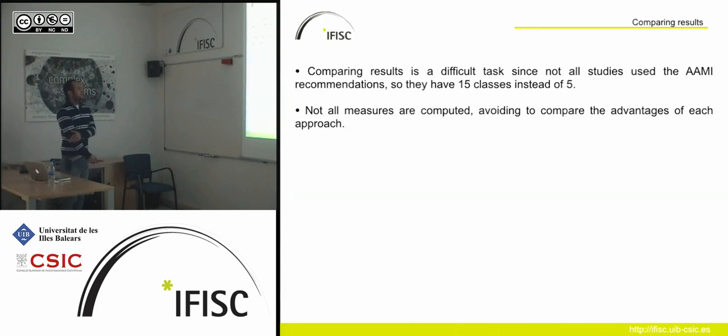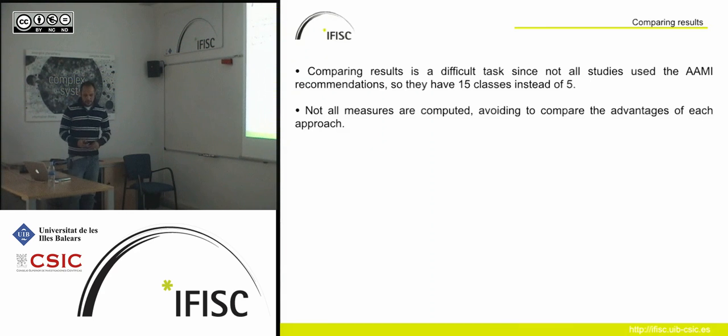Now, one of the difficult parts is comparing results. We found our results, and now we have to see how comparable they are with other studies. We found that it's very difficult because not all the studies use the recommendations that we're following. Instead of having 5 classes, they have all the 15 classes that I mentioned when I mentioned the database.